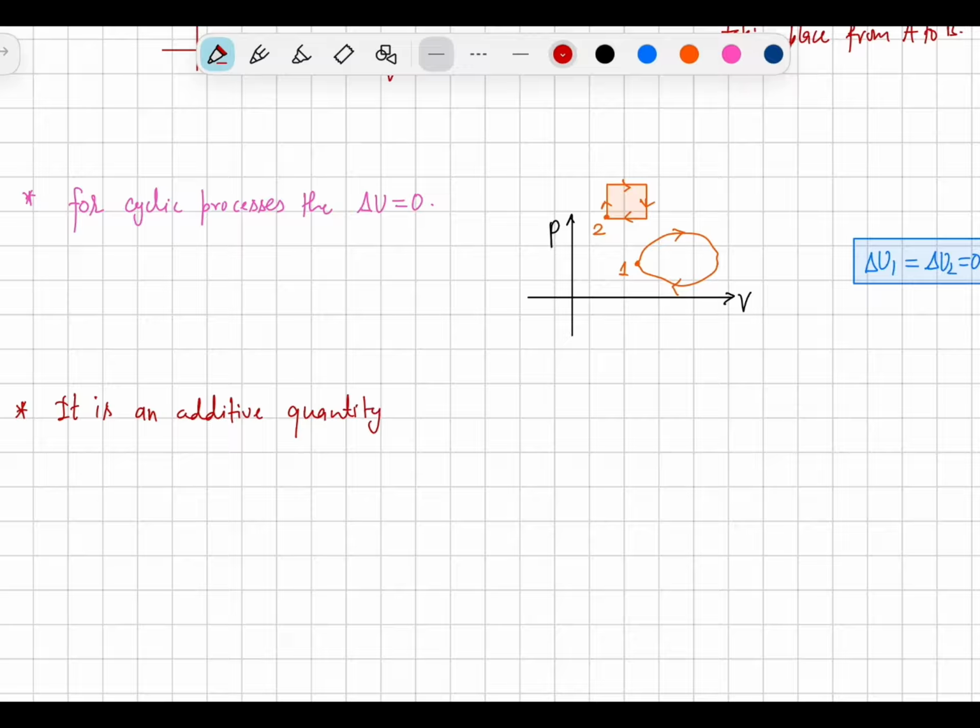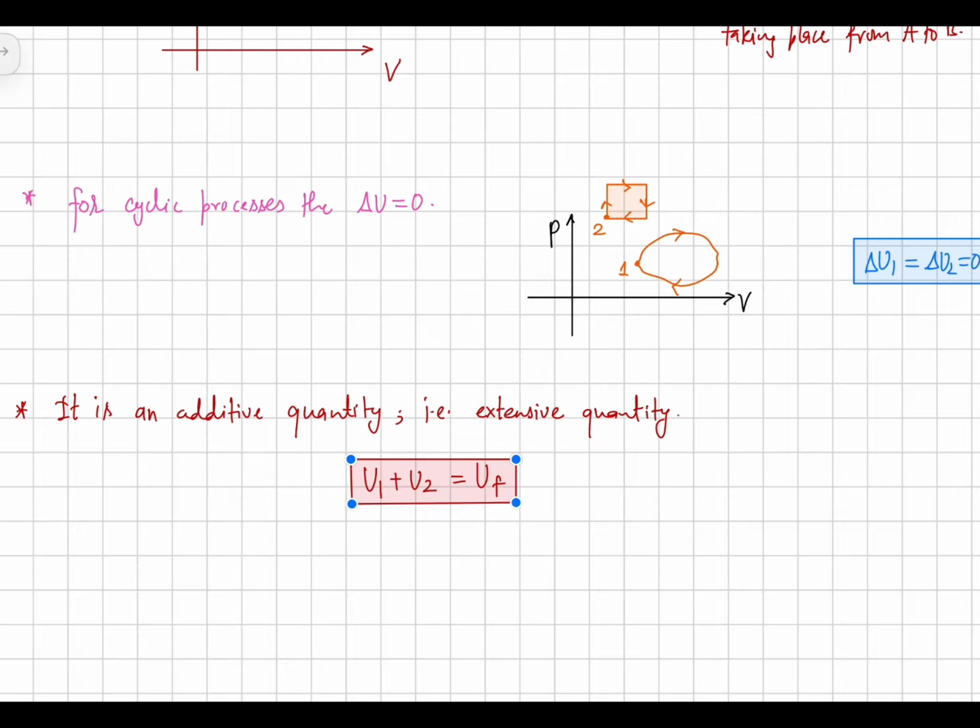You must have learned about intensive and extensive quantities, that change with volume and pressure. मीनिंग अगर एक सिस्टम की इंटरनल एनर्जी U1 है, दूसरे सिस्टम की इंटरनल एनर्जी U2 है, so the U final दोनों का सम होगा like this. So these things will be used in later discussion.